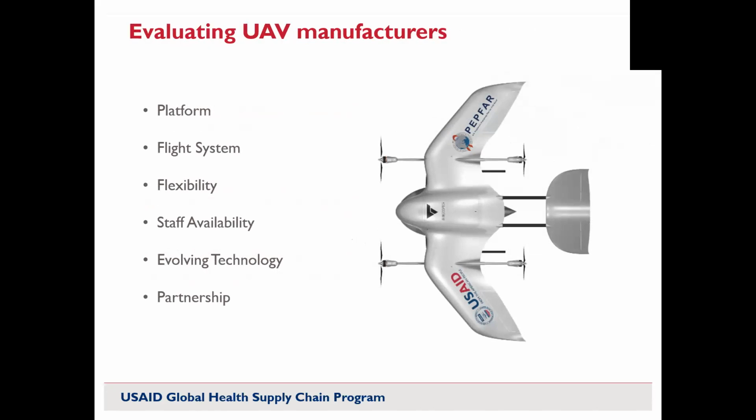So, evaluating UAV manufacturers, we broke it down into six general areas that you would likely want to consider when looking at a UAV. First, I would recommend that you think about what you want to use the UAV for, because that will help you determine what type of technologies you're looking at. Obviously, there are different types of UAVs. You have the multi-copter, the fixed wing and the hybrid.